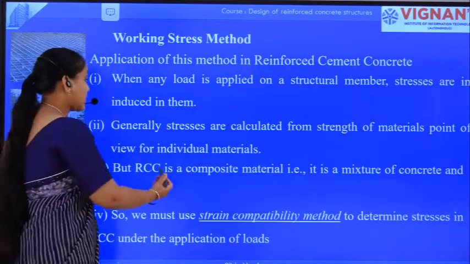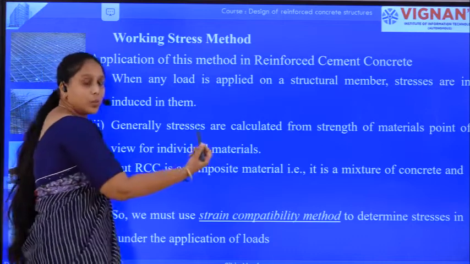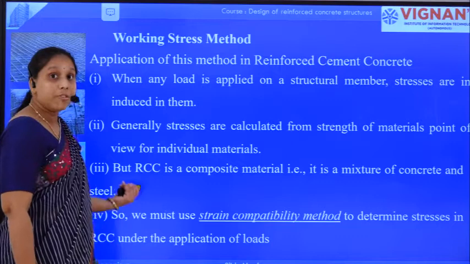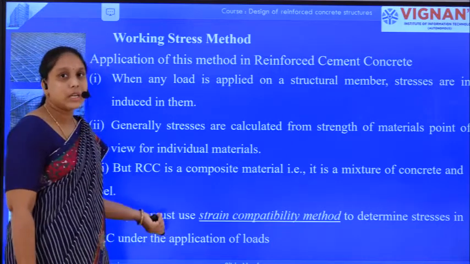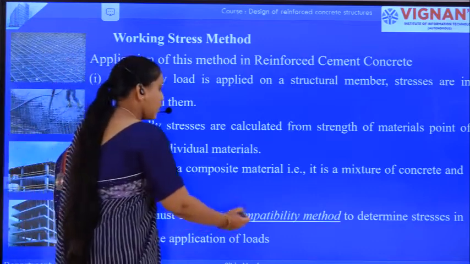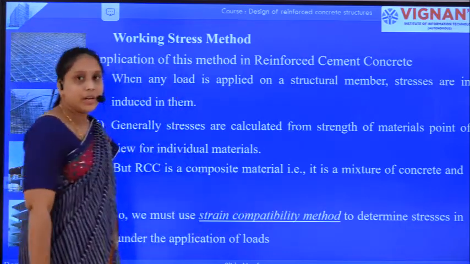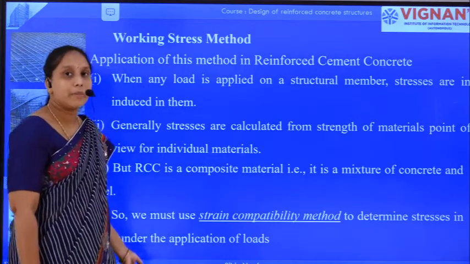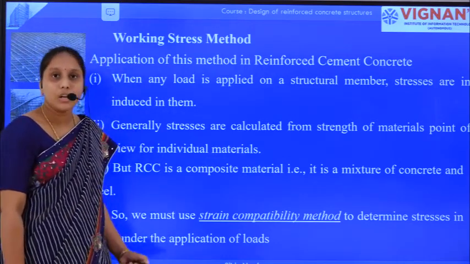RCC is a mixture of concrete and steel. For finding the stresses in reinforced cement concrete, we use the strain compatibility method, so that we can find the stresses in the member due to the application of the loads.